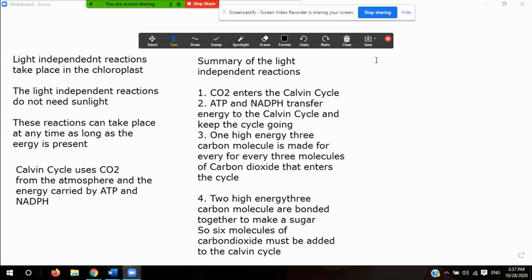And the fifth step, basically the products are a 6-carbon sugar. The products are glucose.